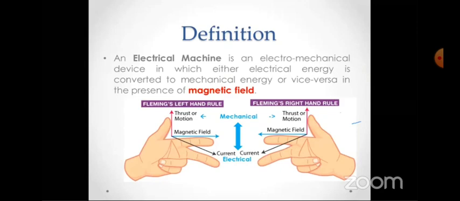Similar thing. Okay, you see, this type of current, the dot current, is towards you, and the magnetic field was like this. So this is your dot current, and the force was in the upward direction. Let us check.